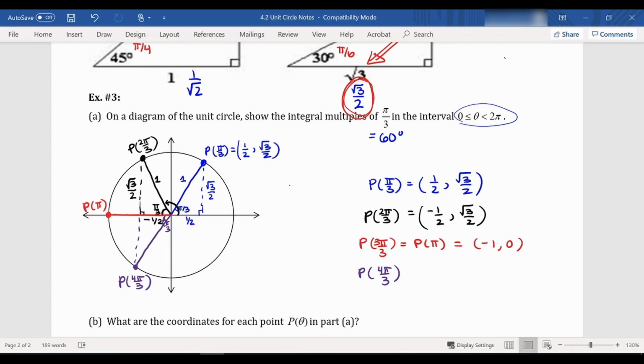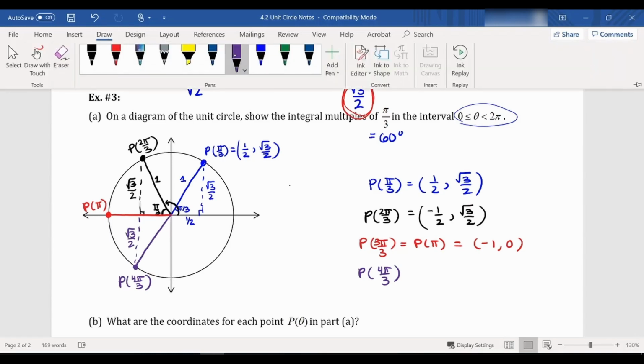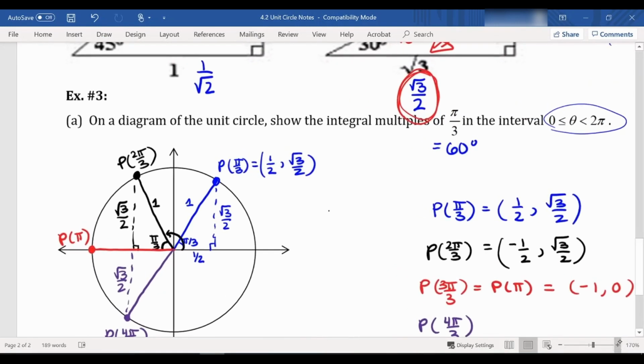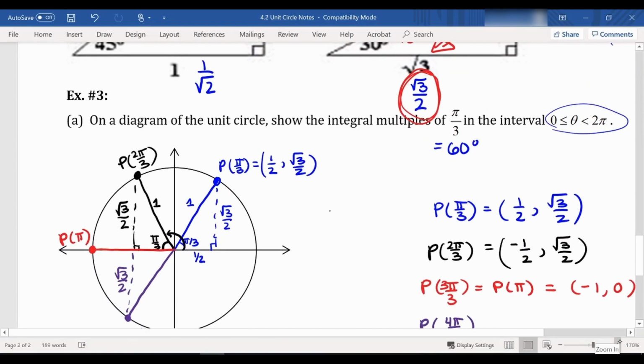My dashed line, my vertical distance, should be root 3 over 2, because we're using the same special triangle that we've used the previous two. We're just in a different quadrant. My reference angle in the corner there, let's just zoom in a little, make it easier to see, is still pi over 3.